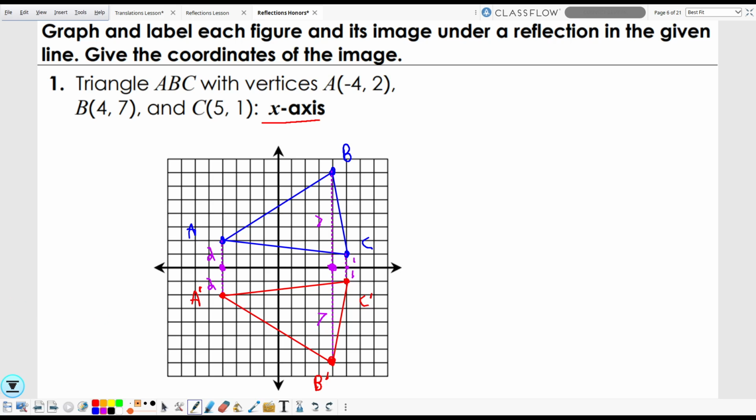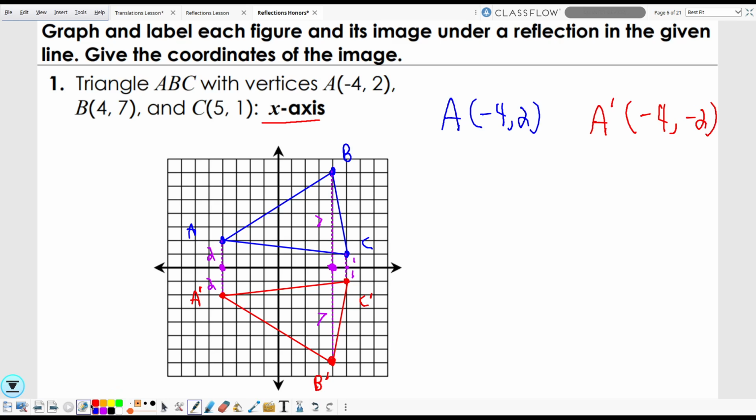over the x-axis. Now, let's also compare the points. So for example, we have A. A is the point -4, 2. And then if we look at A prime, it is the point -4, -2.